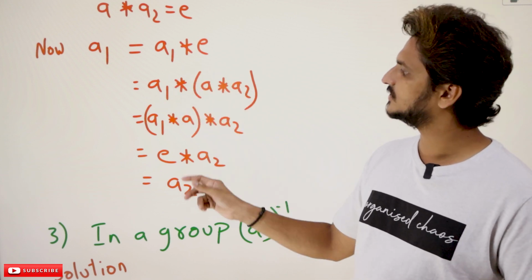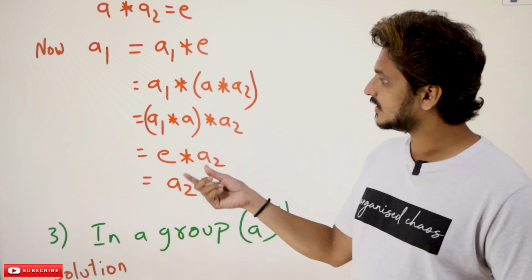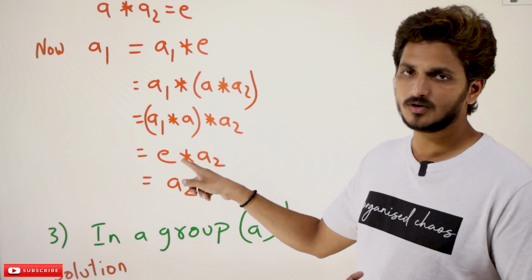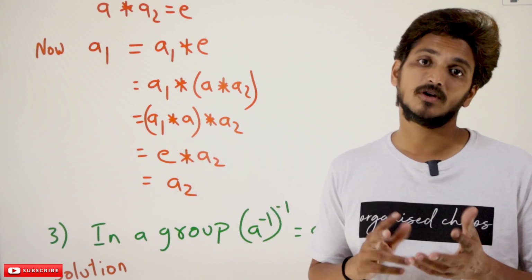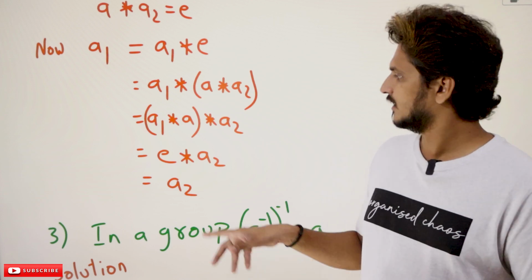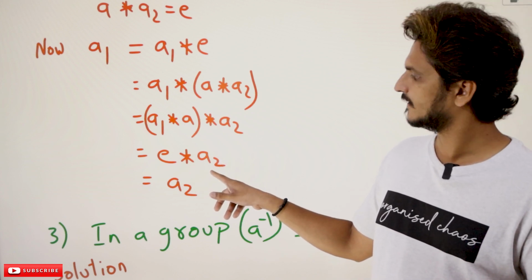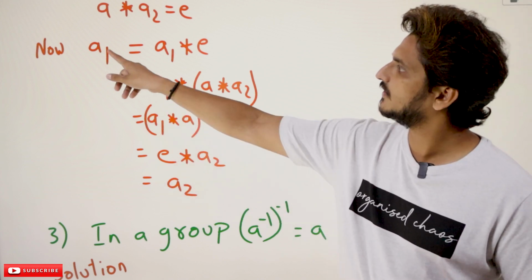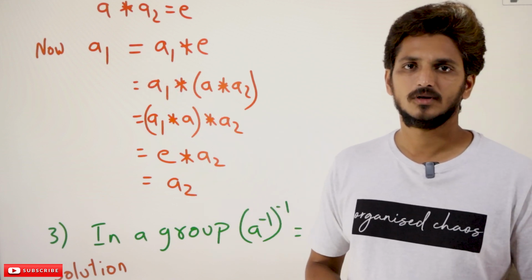These brackets are changed: A1 binary operation A, binary operation A2. We already know A1 binary operation A is equal to E, the identity element, because A1 is the inverse of A. That is our assumption. So E binary operation A2 is equal to A2. A1 equals A2. That is what we showed.